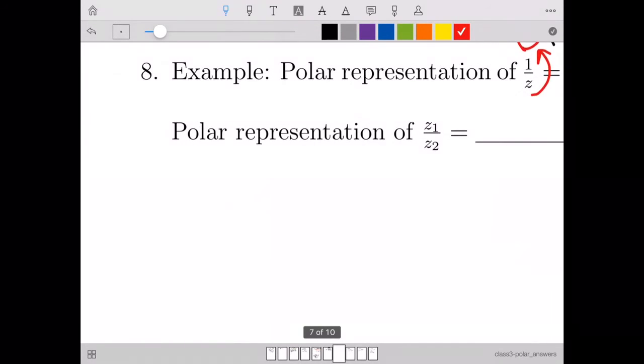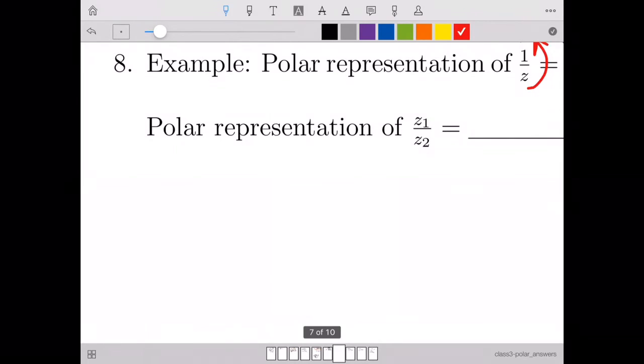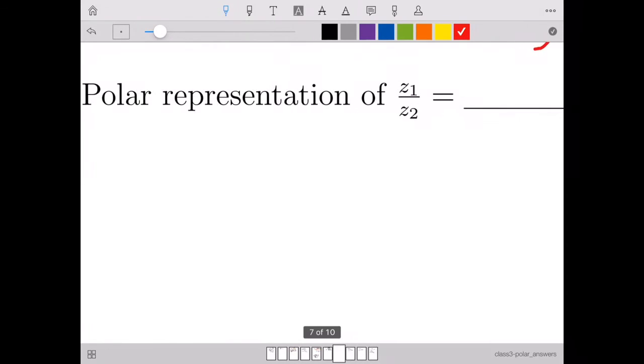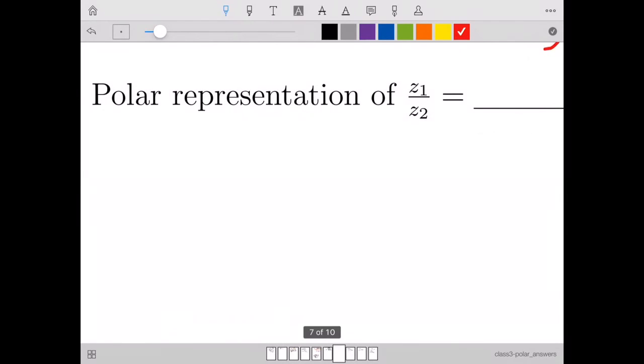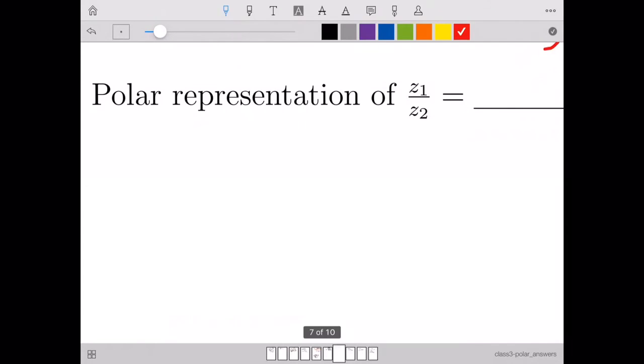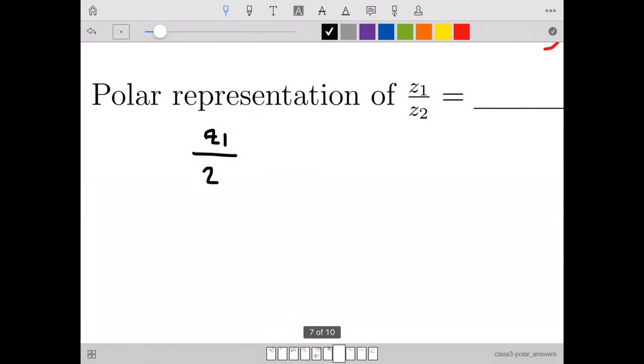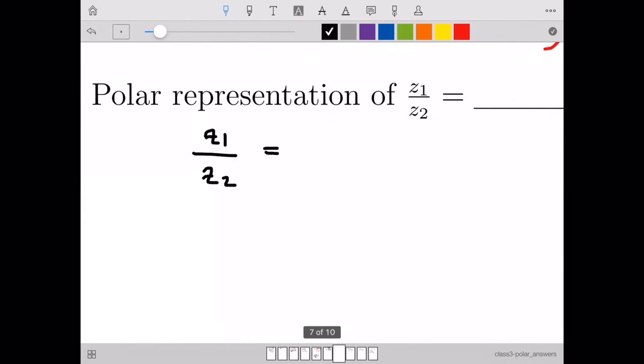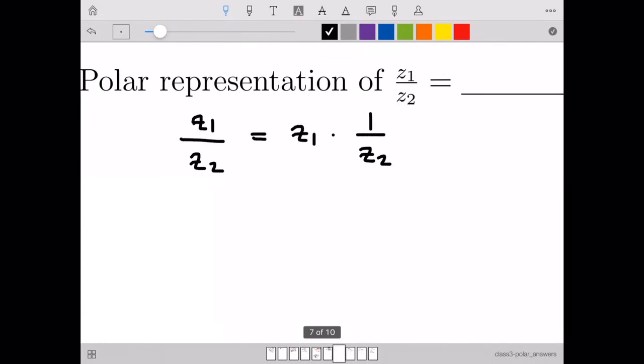So then what is the polar representation of z1 over z2? By notation, this means z1 times the multiplicative inverse of z2.